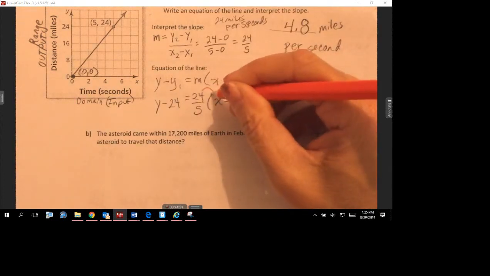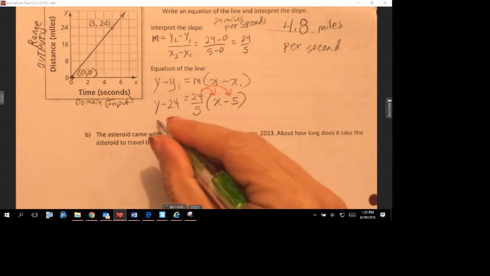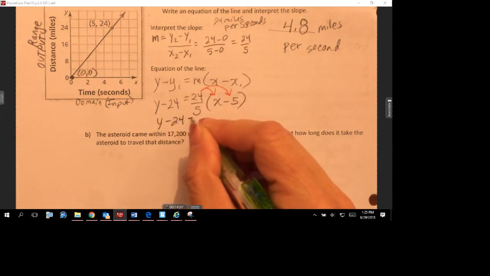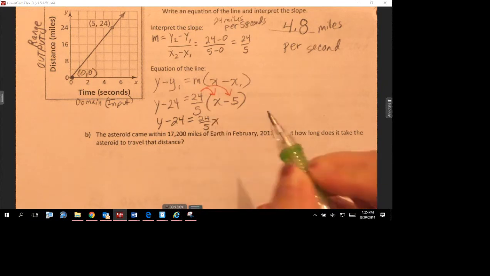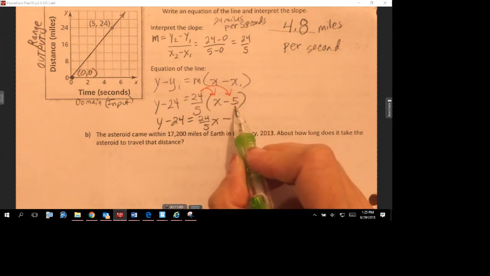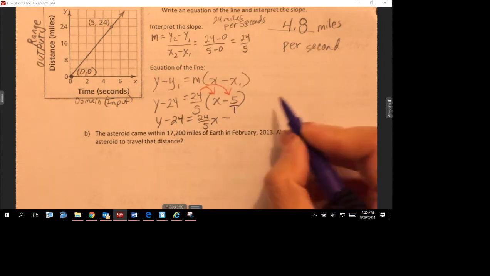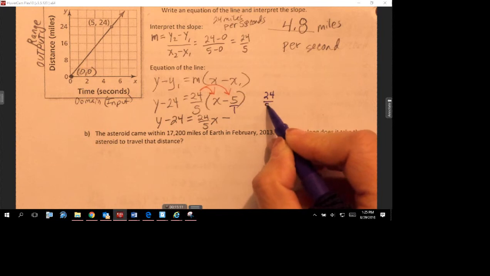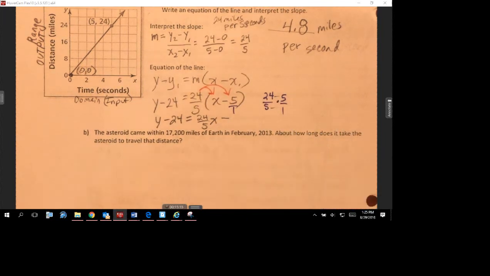Now we're going to distribute. So I get y minus 24 equals 24 fifths x minus. And when I go to multiply a whole number by a fraction, 24 over 5 multiplied by 5 over 1, we multiply straight across. And what do we get?